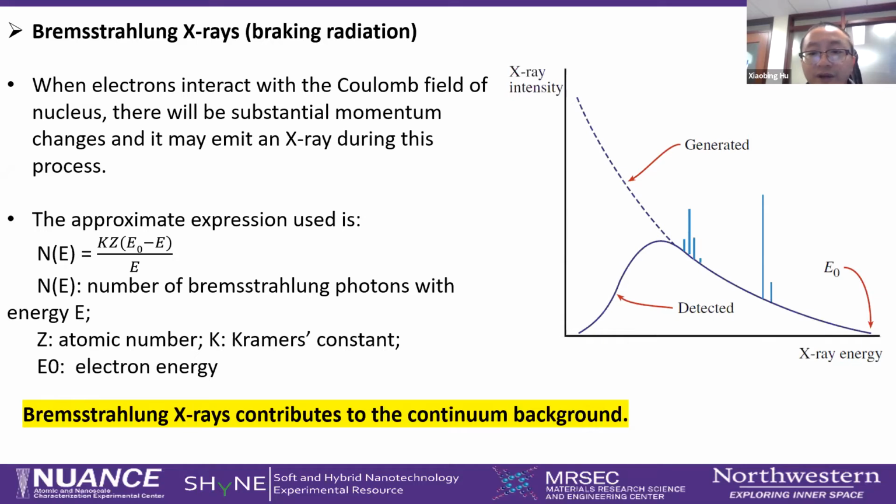For this X-ray, it's continuous, not a characteristic peak. You can estimate the energy, I mean the number of photons. For the continuous X-ray, you will see that when the energy is higher, the intensity is lower.